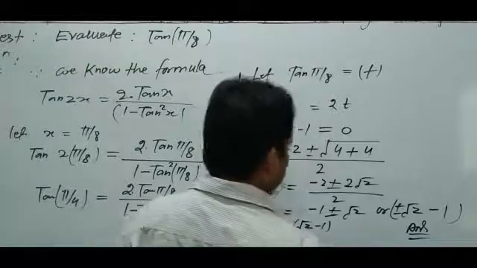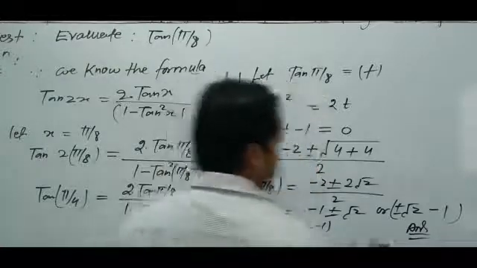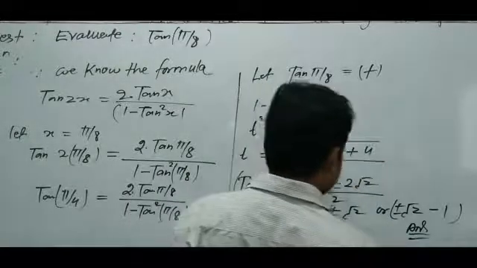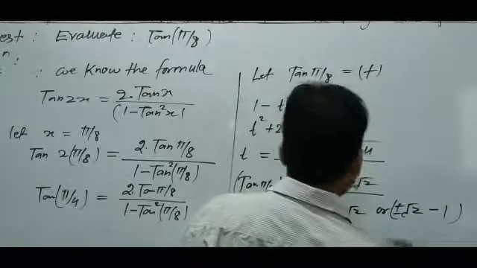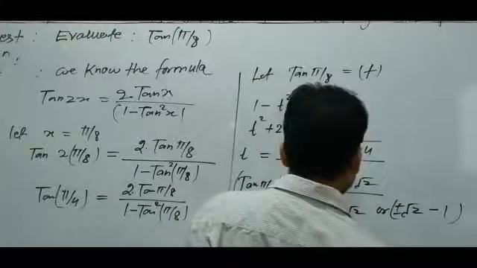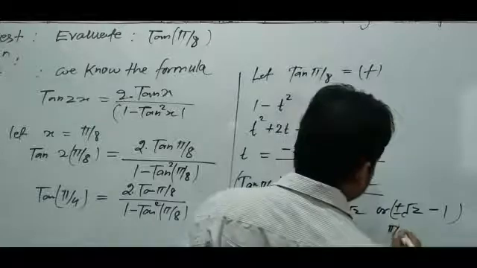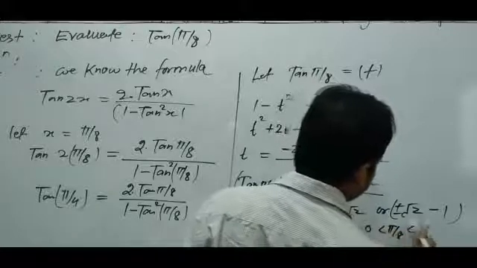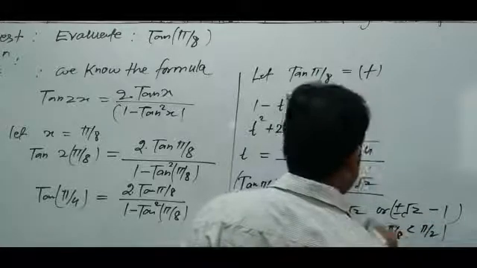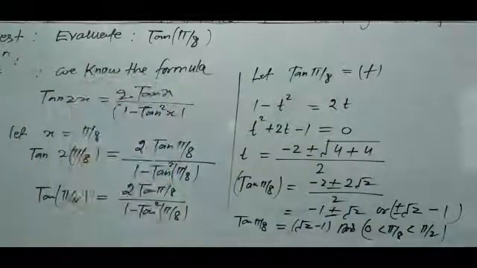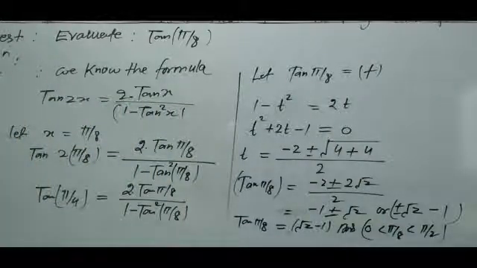The reason is because pi by 8 is greater than 0 and less than pi by 2, so this is positive. So this is the answer.